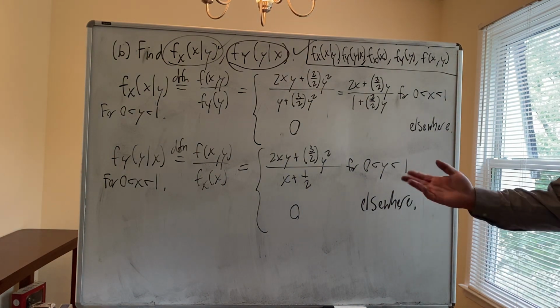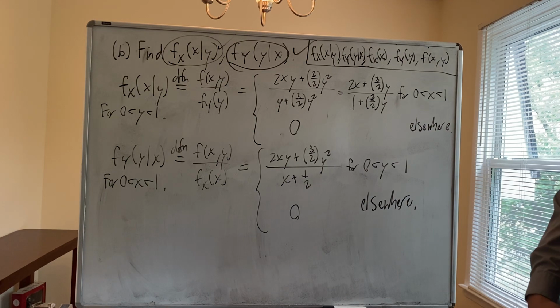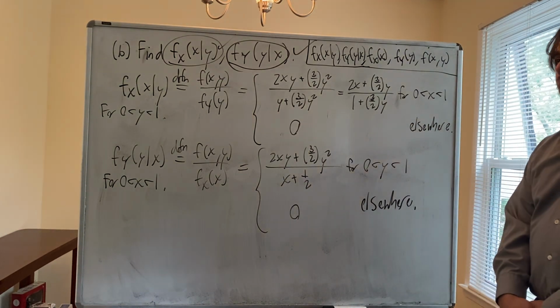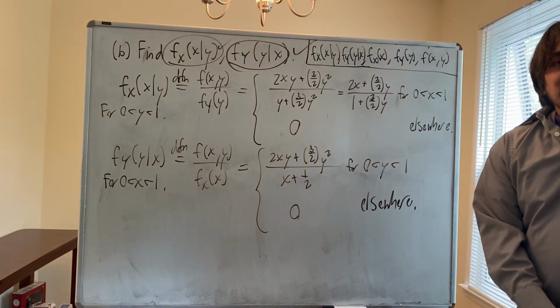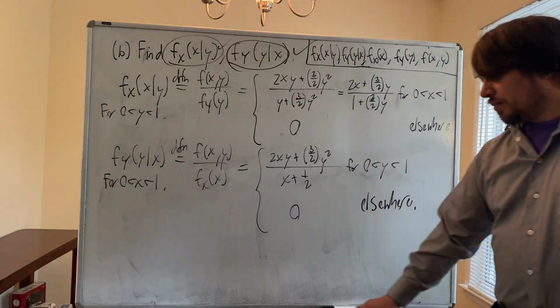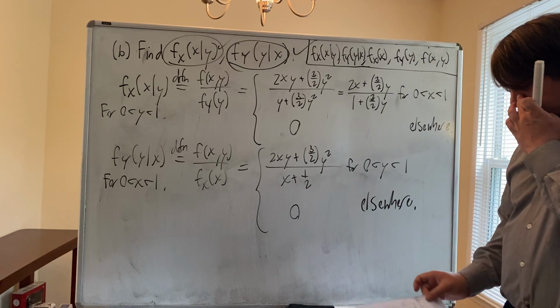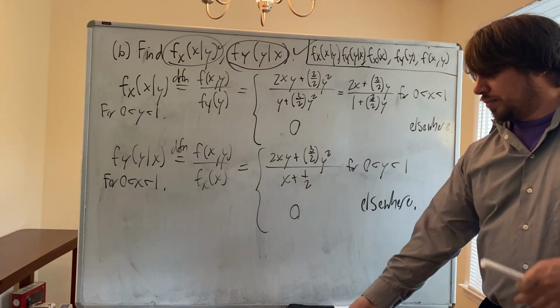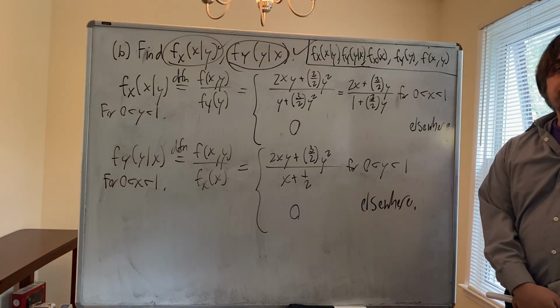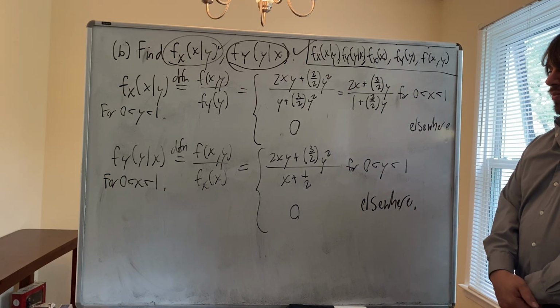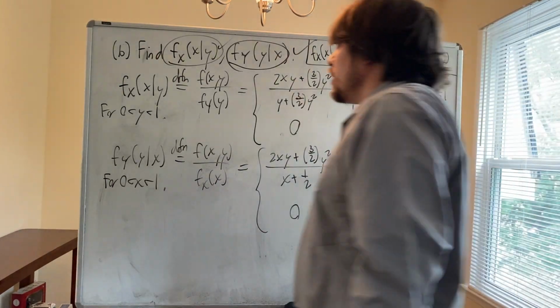Okay, so we found these conditional probabilities in part B. So let's continue.